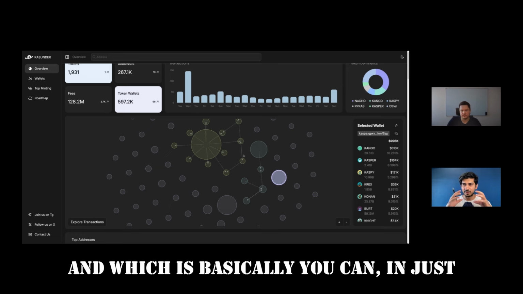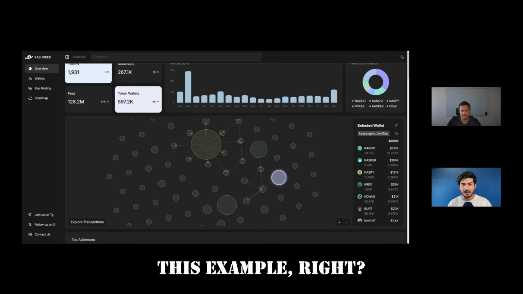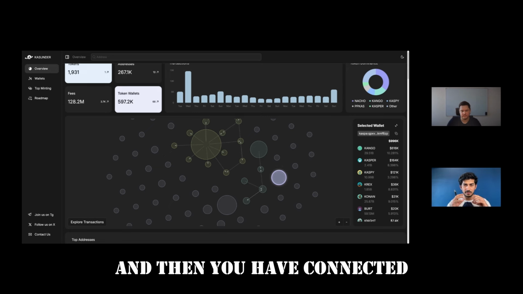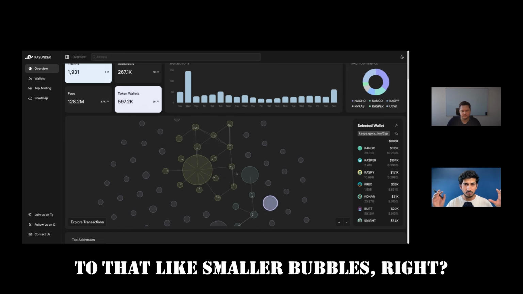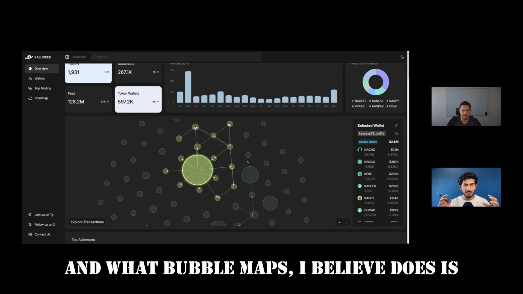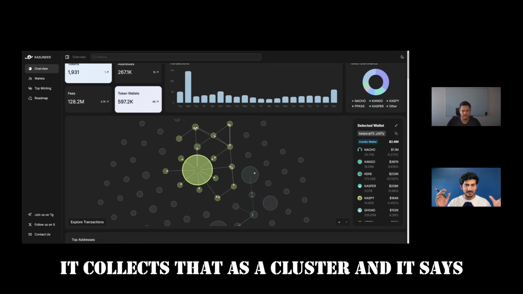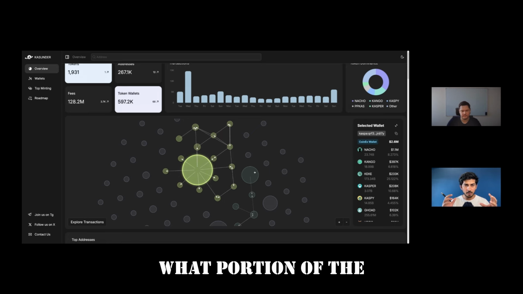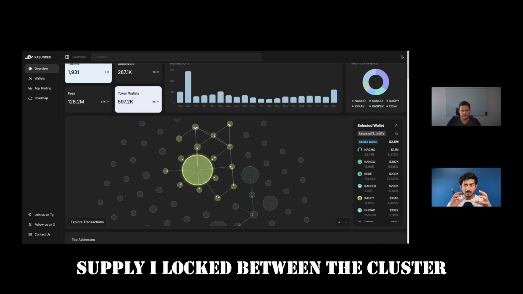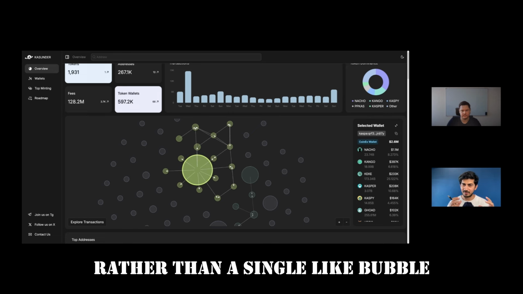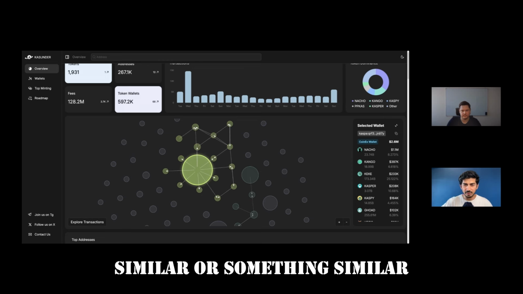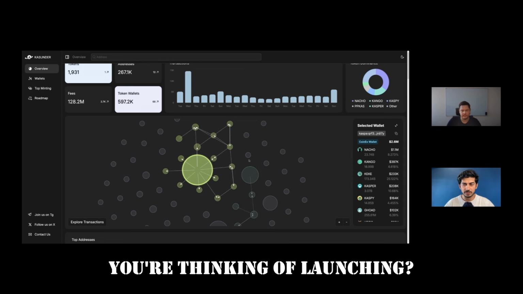In this example, you have this big bubble and connected to that, smaller bubbles. And what BubbleMaps, I believe, does is it collects that as a cluster, and it says what portion of the supply is held by the cluster rather than a single bubble. So do you have something similar you're thinking of launching?